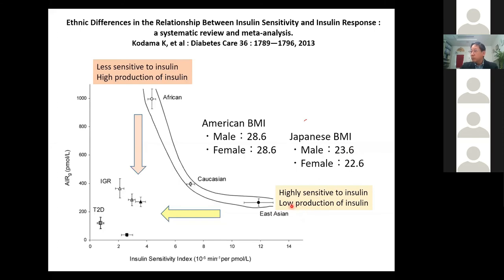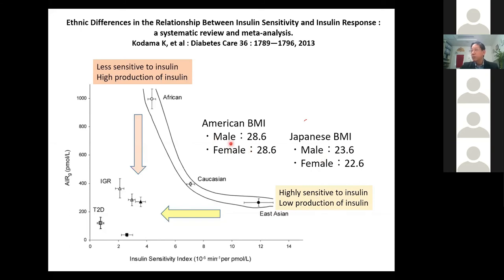Asian races are quite sensitive to insulin, and we have less production ability of insulin, as shown here. And basically, we are not so fat as shown in the previous slide.